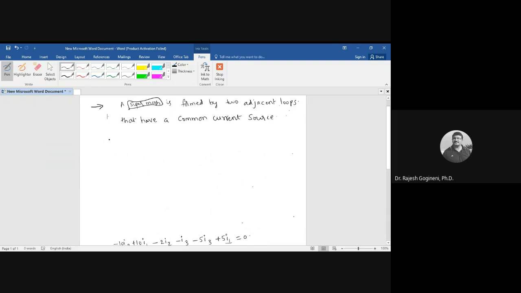This is also related to the super mesh, but the current source is at the boundary.